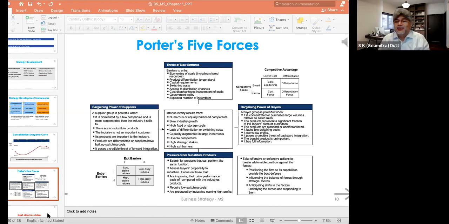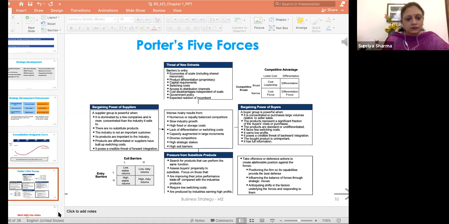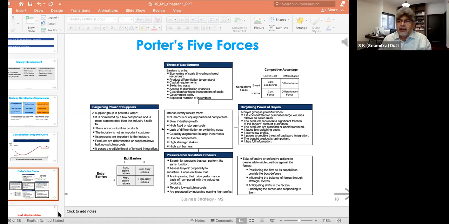Let me attempt. Good morning. I may not be able to recollect the formal definition, but I think it is the cost benefit on large volumes, both on the purchase side and as an operational benefit. Anything done at a large volume gives us benefits in terms of cost and expenses.